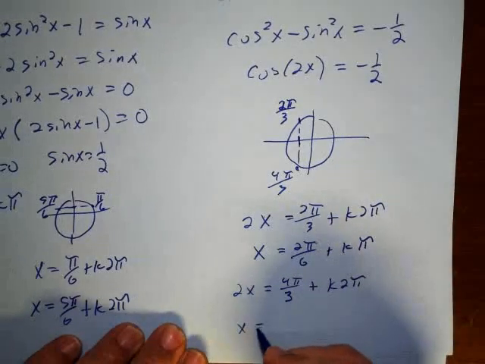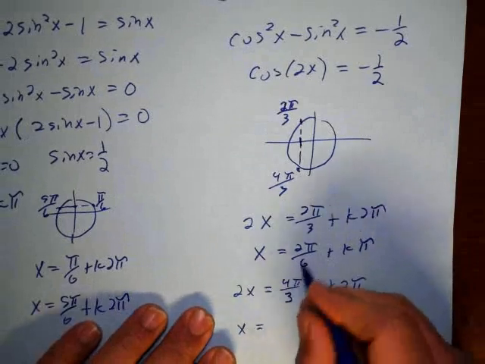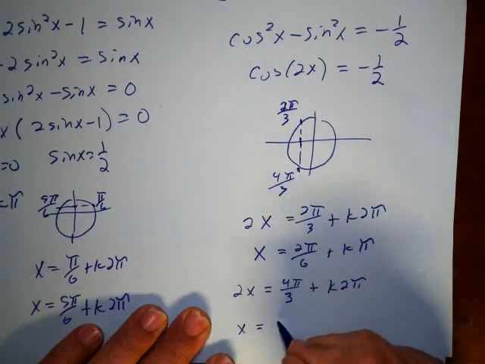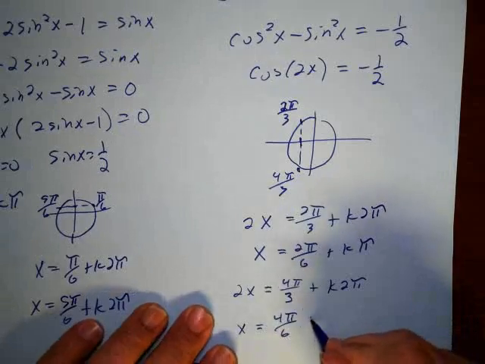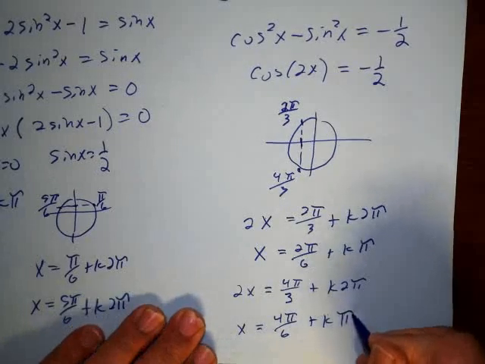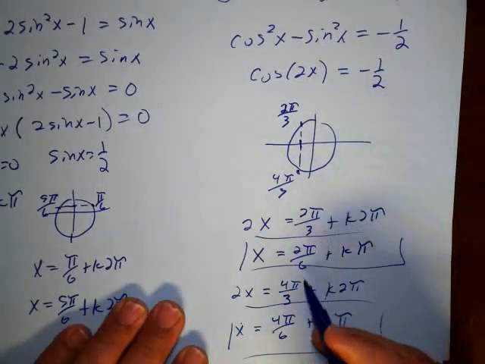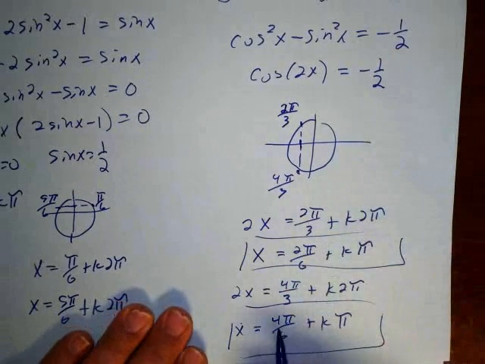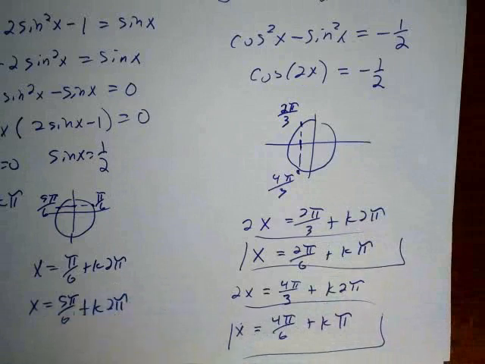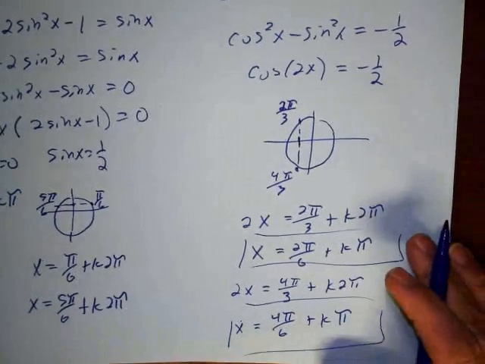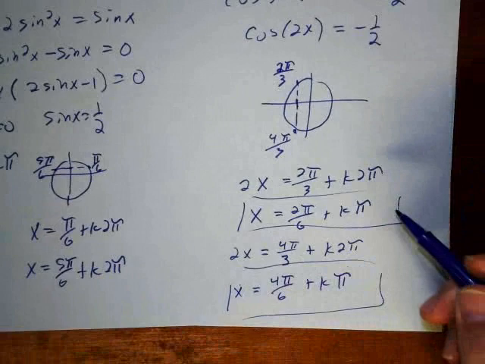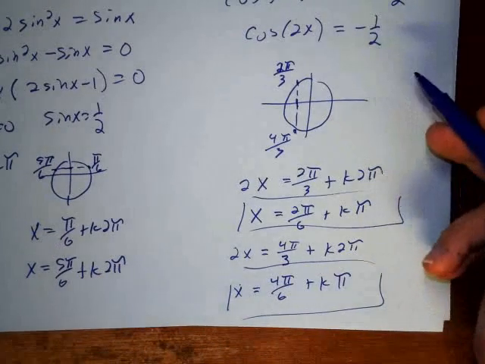And so I would get, and I'm pausing here because I'm noticing these can reduce down. So this is 4 pi over 6 plus k times pi. So I could have rewritten these as pi over 3 plus k times pi, and 2 pi over 3 plus k times pi. Okay, but that is a nice way of solving it.